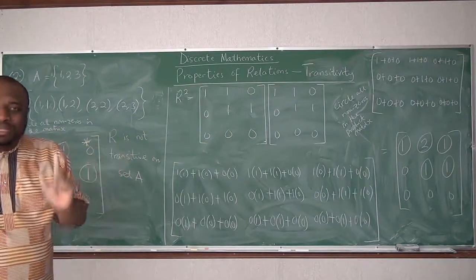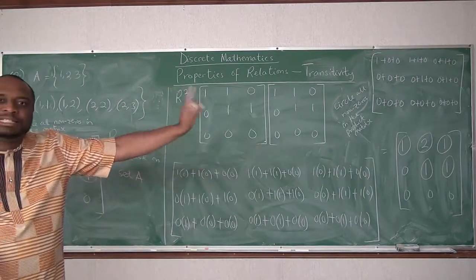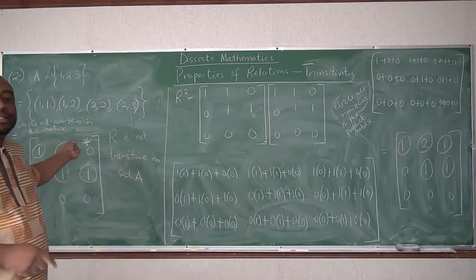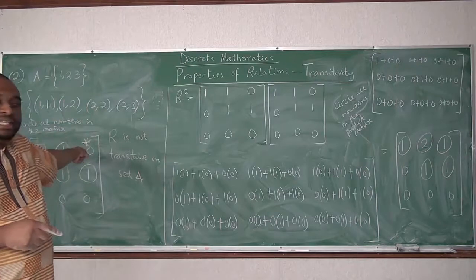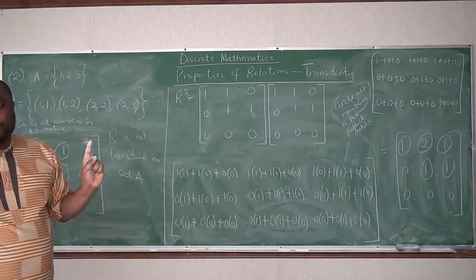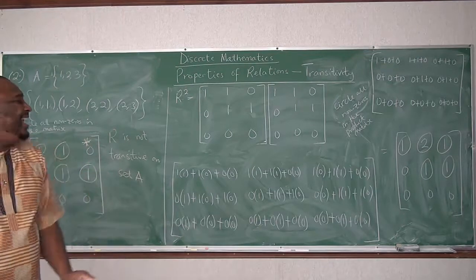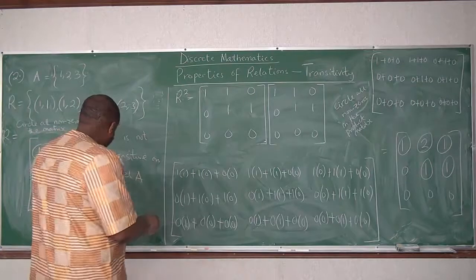The relation is transitive. If you have any case that is non-zero here, but the same position is a 0 there, then the relation is not transitive.